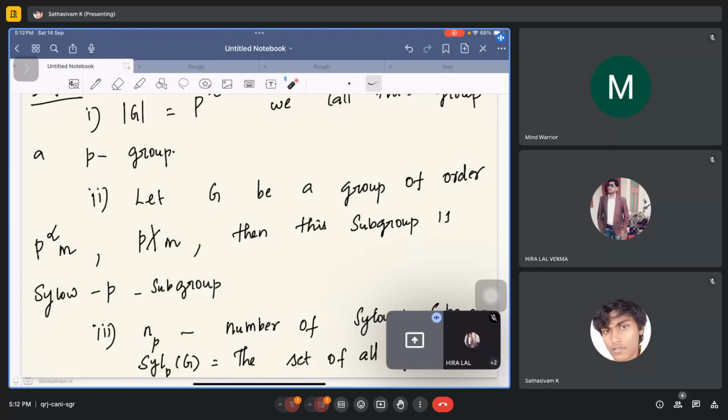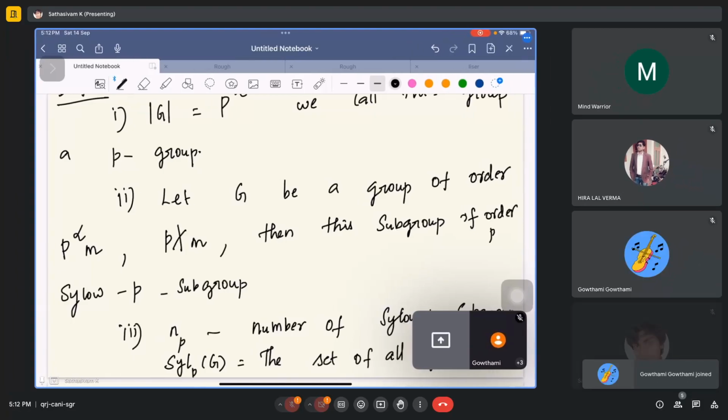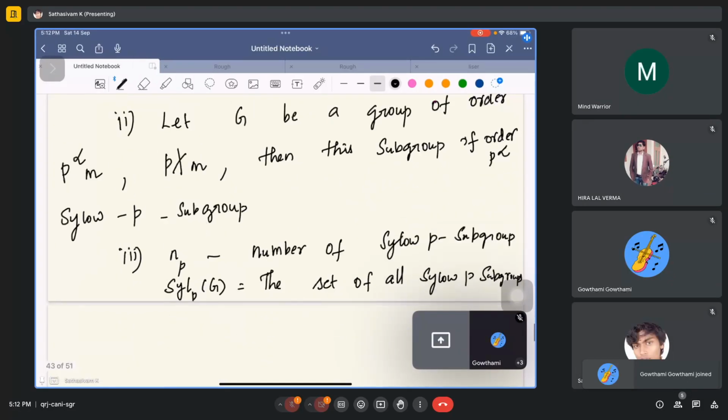Okay, I didn't write it properly. So suppose you have a group G, and you write its order in terms of the prime factorization as p to the power alpha times m, where p is a prime and it does not divide m.